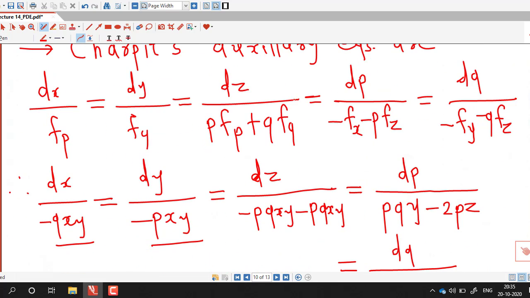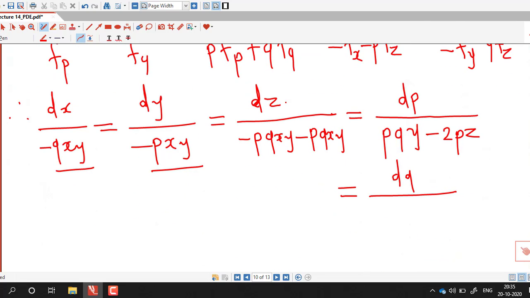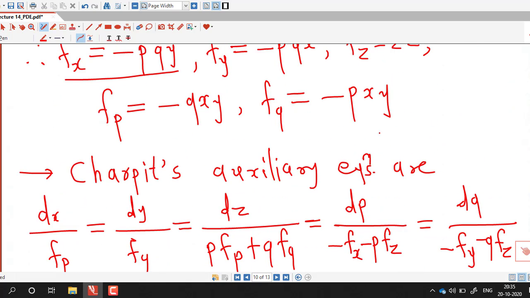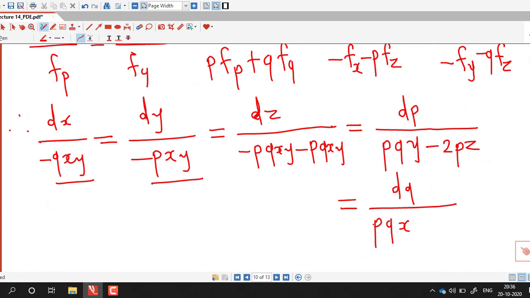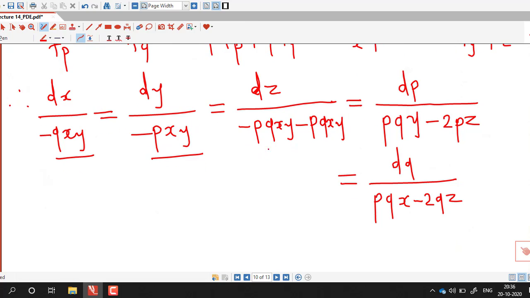It is minus pqx, but here we have minus del f by del y, so we write plus pqx minus q into del f by del z, which is 2z, so we have minus 2qz. Now this I can rewrite as minus 2 times pqxy. So this is nothing but minus 2 times pqxy.